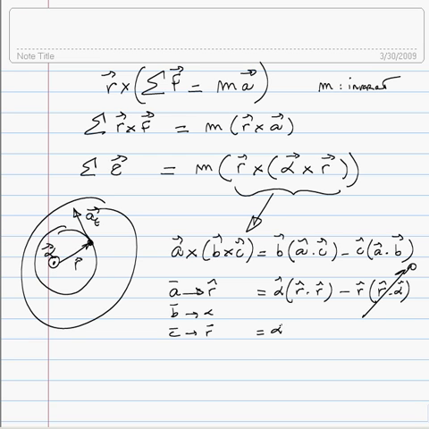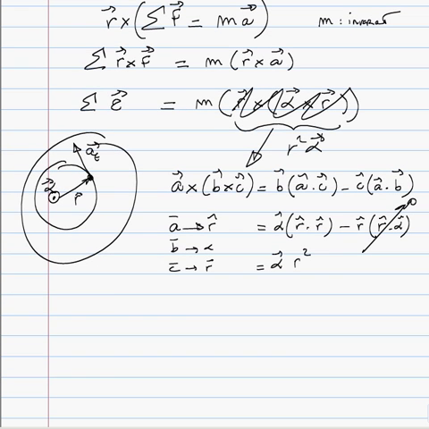So we end up with alpha, and r dot r is nothing else than a scalar r squared. So really, all this is r squared alpha. So if we put everything together, we end up with the sum of the torque is equal to m r squared alpha.